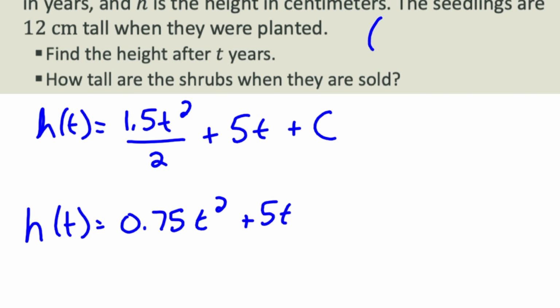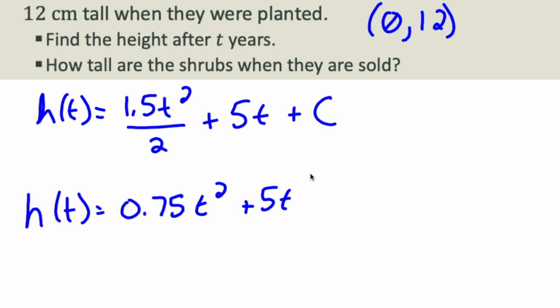That means we had the point 0, 12, because time is 0 right when they're planted, which means they are 12 centimeters tall. So what that means, if I plug 0 in for all of these t's, what do I get? And that is 12. So that's where that number there comes from. So there's the height after t years.